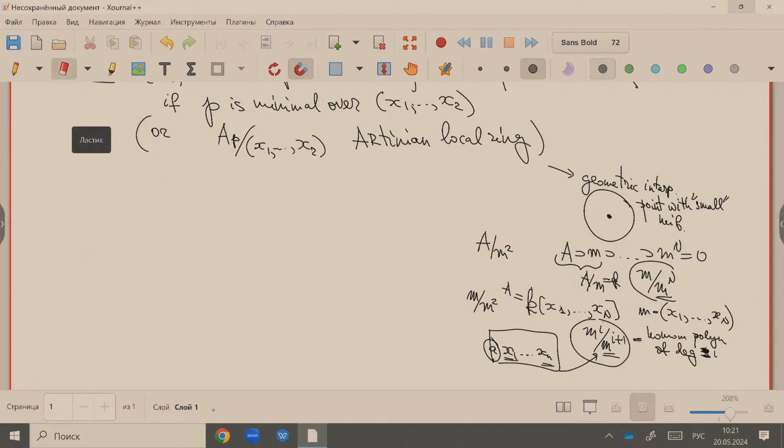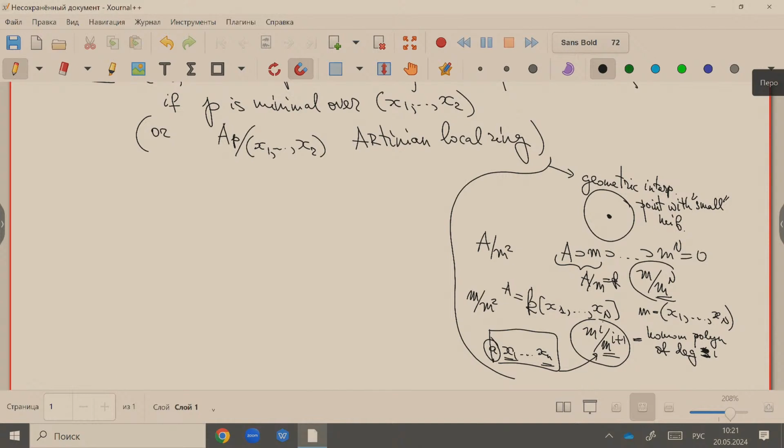Some kind of motivation should be kept, so we shall return to this a little bit further. So then, an Artinian local ring looks like a point with a neighborhood.